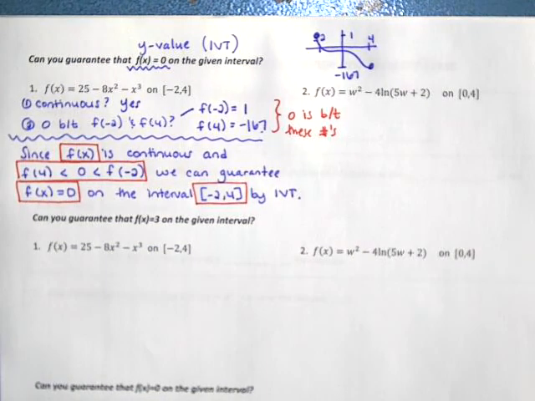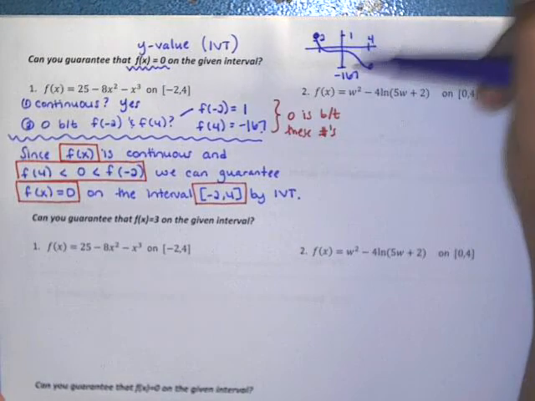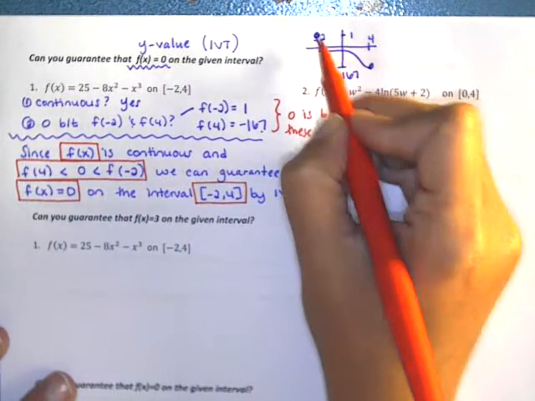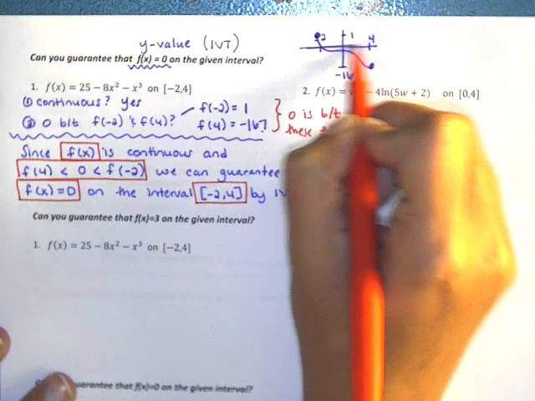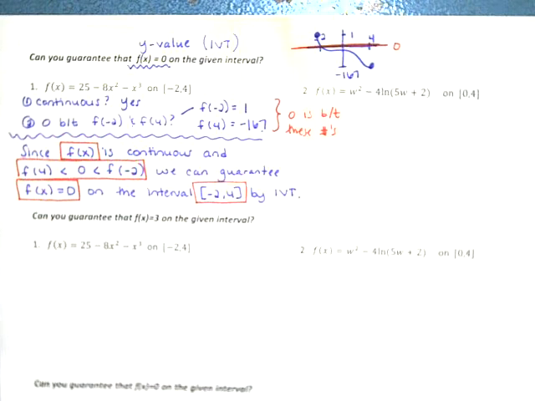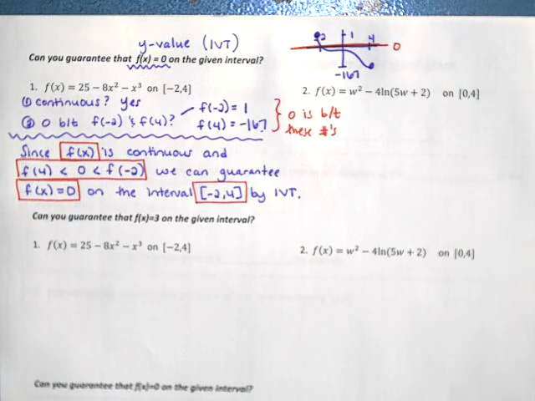Now there's lots of different ways to connect the dots. You could add in a few extra squiggles, it doesn't matter, but it needs to be nice and smooth and connected. Which means at some point, to get from here to here, you have to cross through 0. There's no way to get from the positive y value to the negative y value without crossing through 0 along the way, as long as you're continuous.